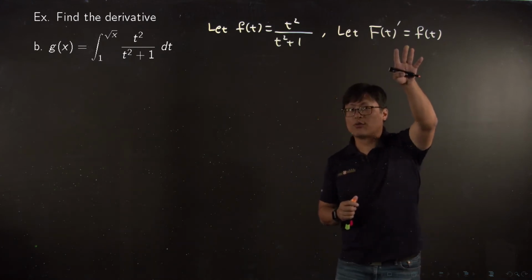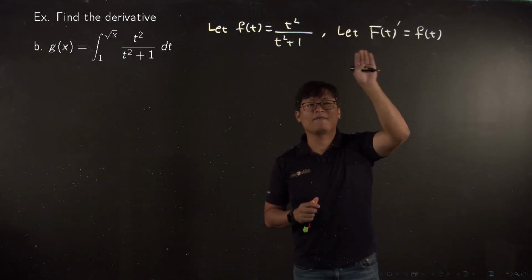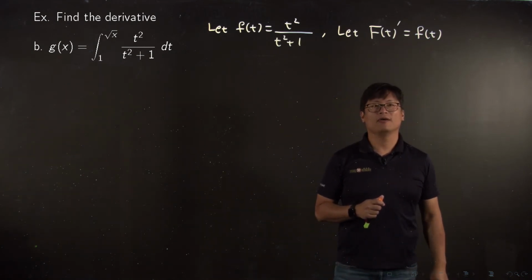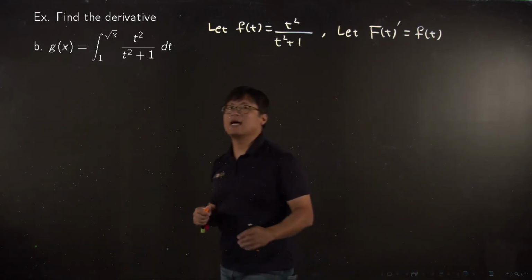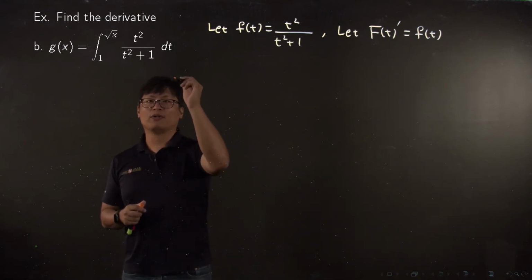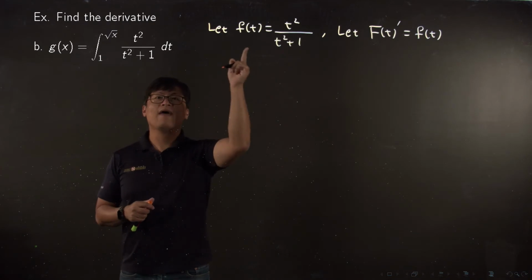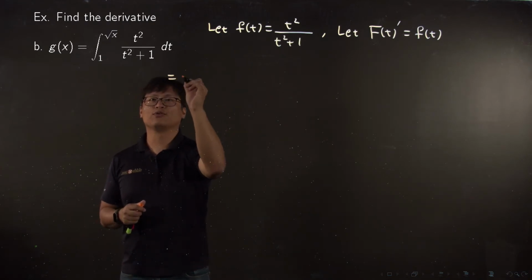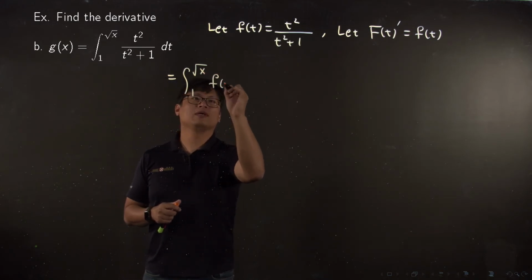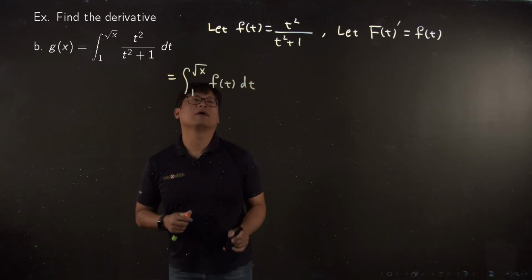You understand this notation, right? This notation means capital F is the antiderivative of the given function f. Does it make sense? Now it is time to use the fundamental theorem of calculus part 2. Before then, let me replace your function with f of t notation. So this one is equal to the integral from 1 to square root of x of f of t dt.